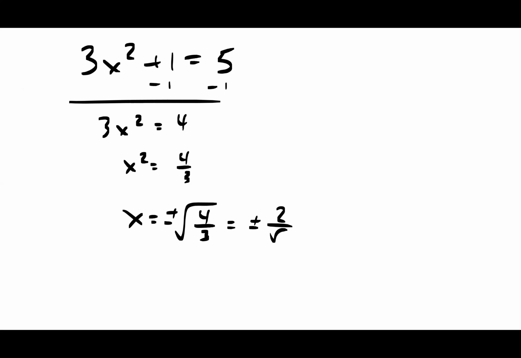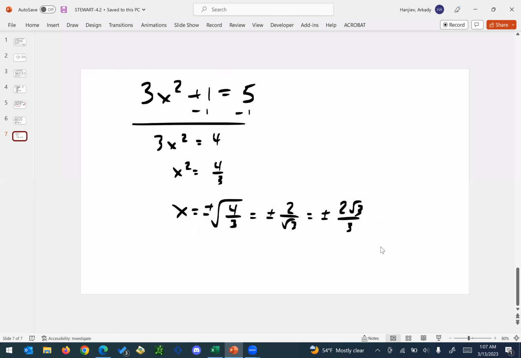The 2 goes out. 3 still stays. Then we want to get all the rational numbers on top, so we're going to multiply both sides by root 3. And we get plus or minus 2 root 3 over 3.